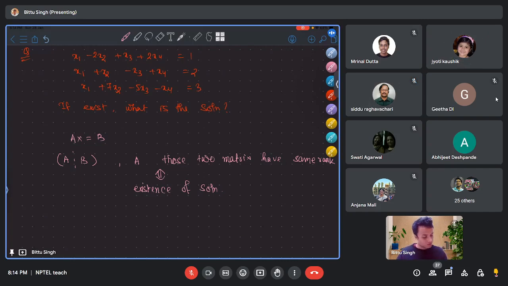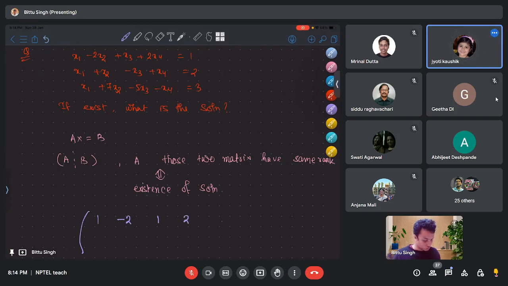So let us see that you are right. Let us see the rank. So what is the augmented matrix here? It is 1, minus 2, 1, 2, 1; 1, 1, minus 1, 1, 2; 1, 7, minus 5, minus 1, 3.